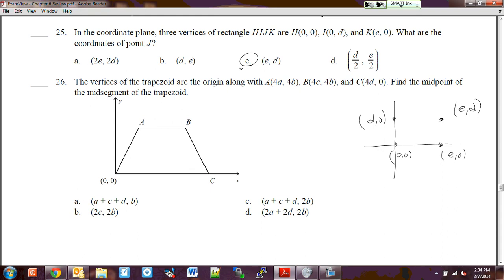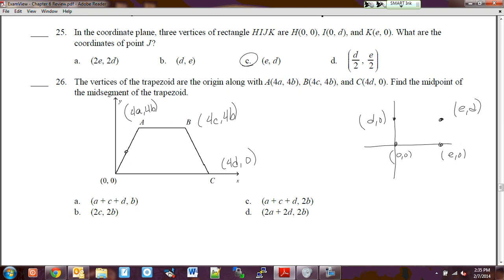Number 26. The vertices of a trapezoid are the origin along with A is 4a, 4b, B is 4c, 4b, and C is 4d, 0. Find the midpoint of the mid-segment. So we know this is 4a, comma, 4b. This is 4c, comma, 4b. And this down here is 4d, comma, 0.